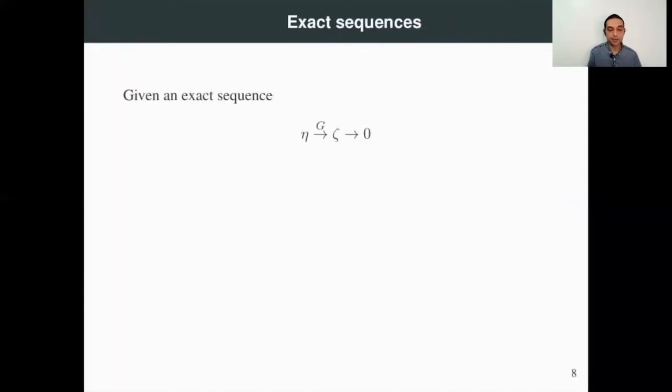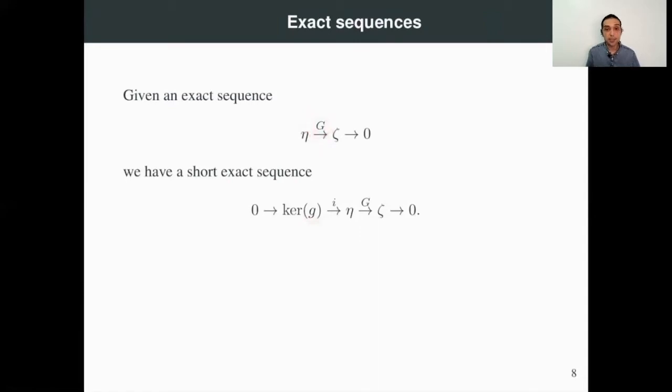If we have an exact sequence like this one, or in other words, if G is an epimorphism, we can construct a short exact sequence. Okay, what we do is just consider the kernel of this map at every one of the fibers, right? The kernel of an epimorphism defines a subbundle. Here, capital G and small g are the same, okay?